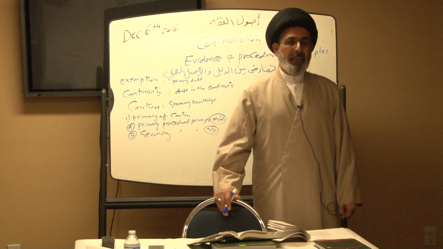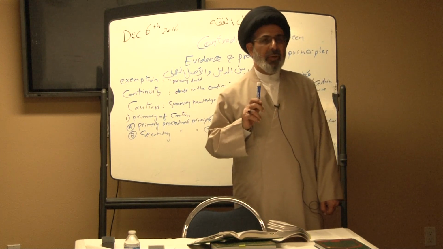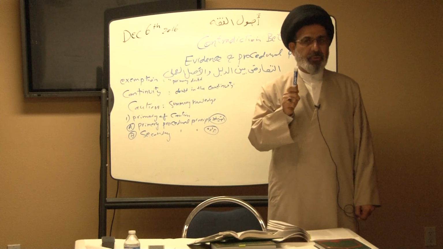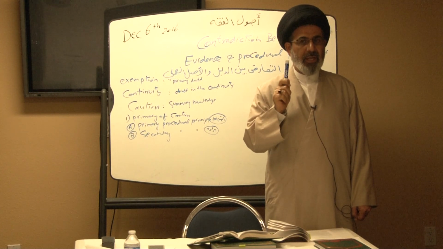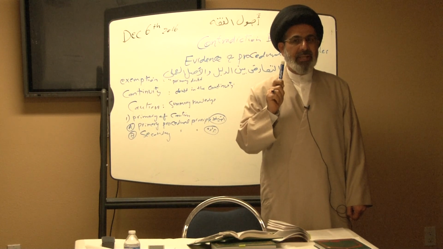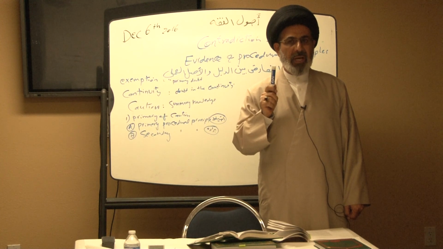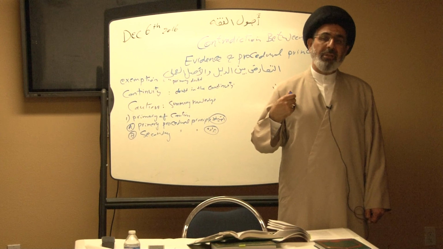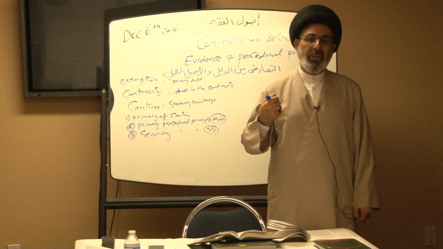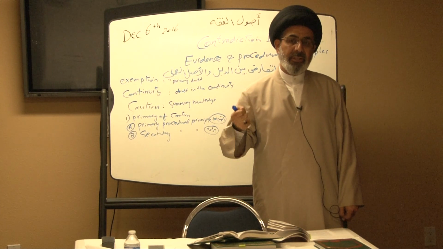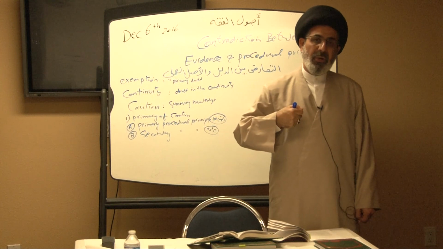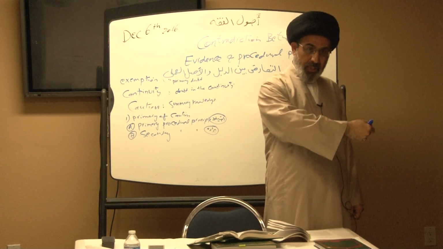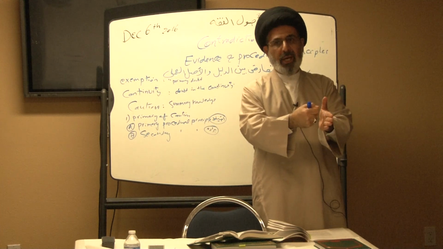Why? Because the principle of exemption is when we have initial doubt, we apply it. Okay? Or primary doubt or initial doubt, ash-shakkul badwi. In this case, we are not going to have initial doubt. We are going to have certainty, but then later on, we have doubt whether this certainty is continuing or coming to an end.